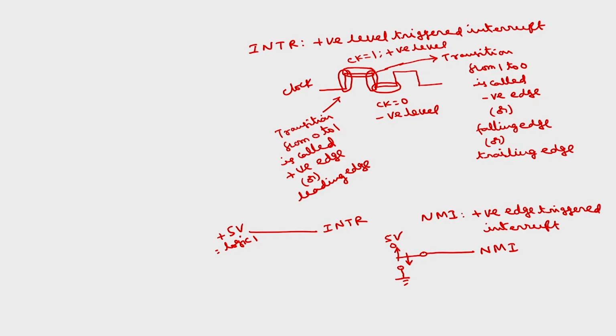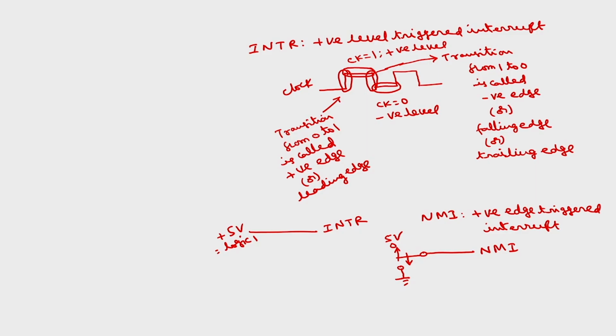That 0 to 1 transition is called positive edge. Whereas INTR is positive level. If I simply apply plus 5 volts here, INTR will be enabled. So, these are the two hardware interrupts INTR and NMI in 8086. INTR is positive level triggered, NMI is positive edge triggered. This is one difference. Another difference is INTR can be masked, NMI cannot be masked.